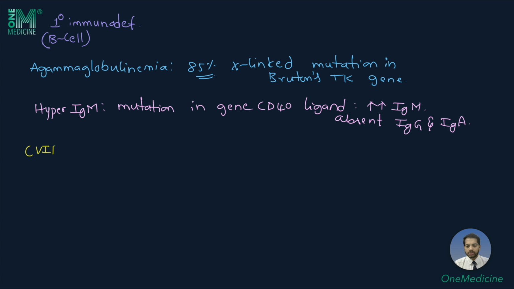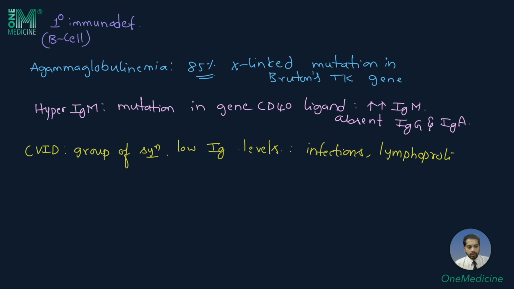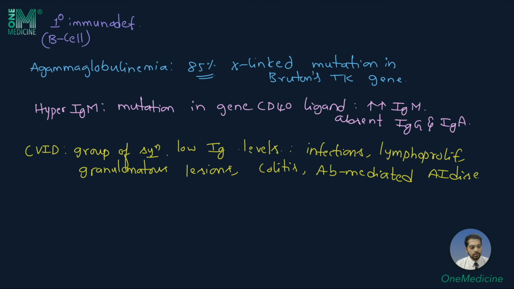Common variable immunodeficiency syndrome is a heterogeneous group of various syndromes with low serum immunoglobulin levels. These patients can develop infections but can also develop lymphoproliferative diseases, granulomatous lesions, colitis, antibody mediated autoimmune diseases, and even lymphomas.